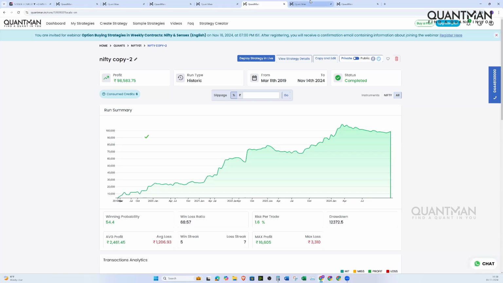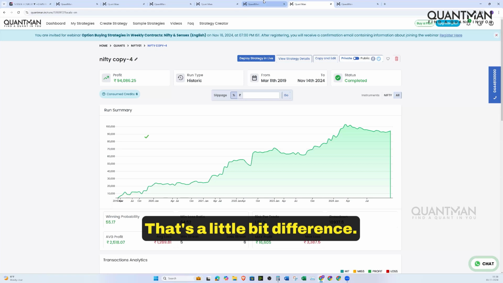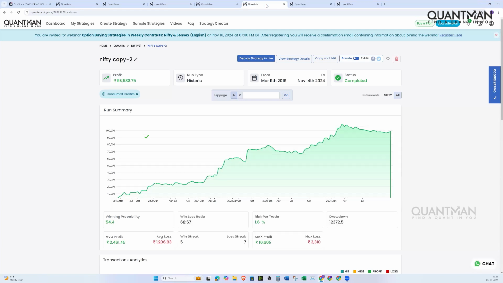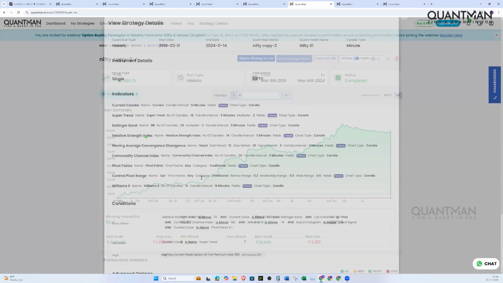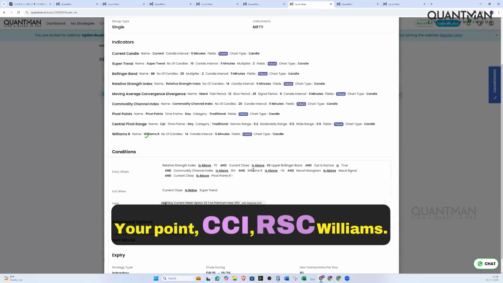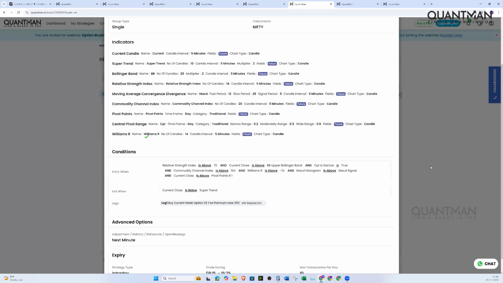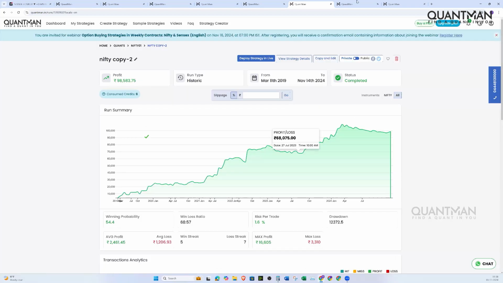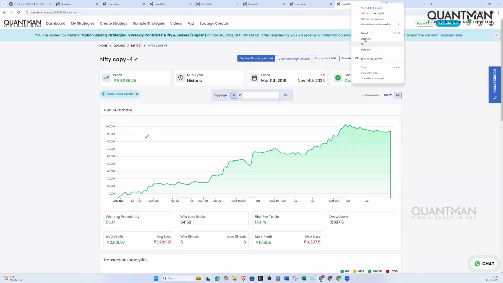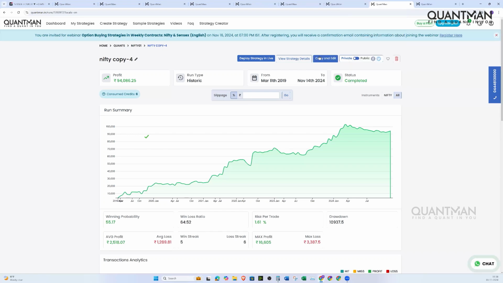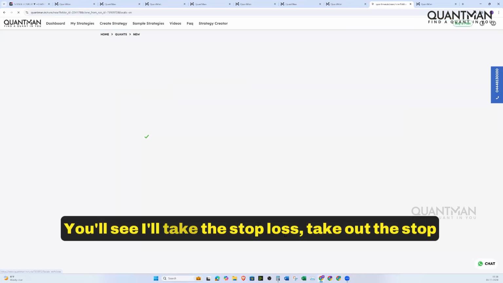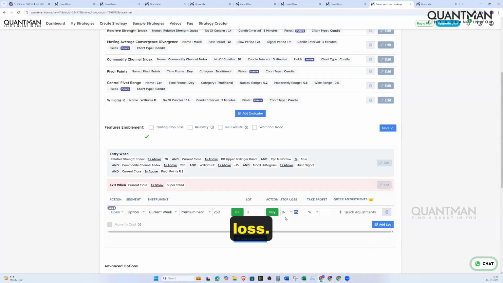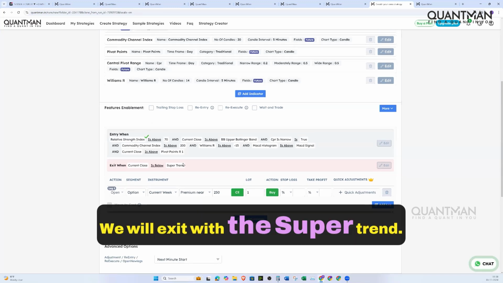There's a little bit of difference. Any other way? Your point CCI, RSI, Williams. Now I'll take out the stop loss. What happened? We will exit with the super trend.